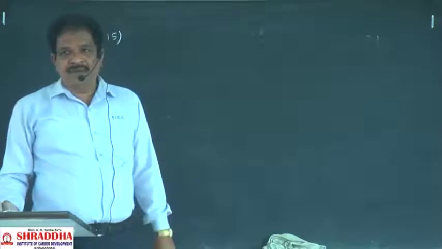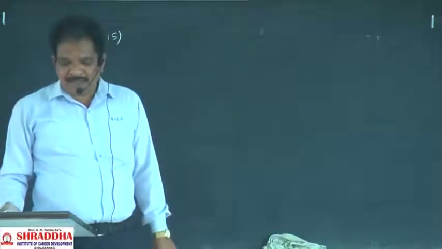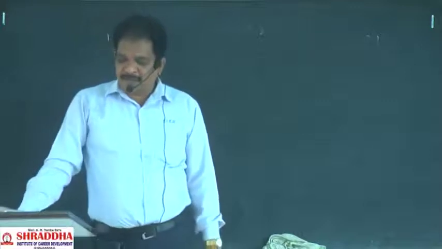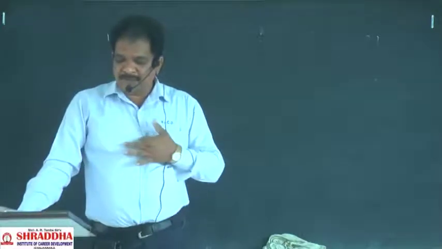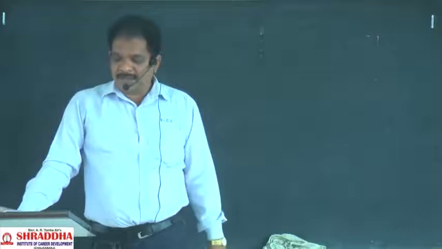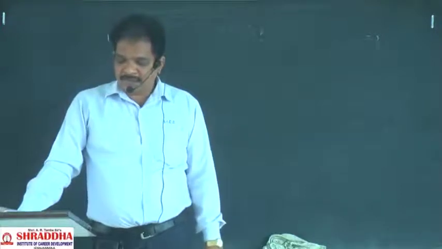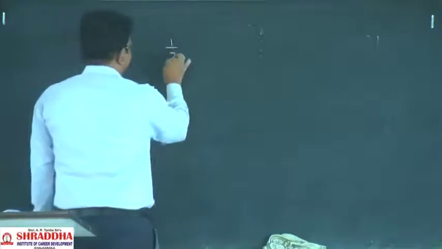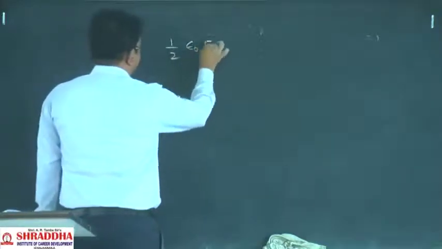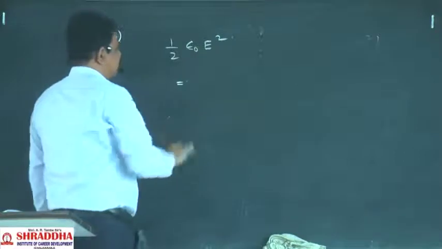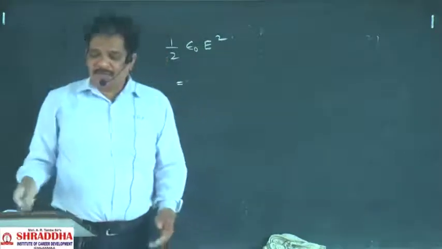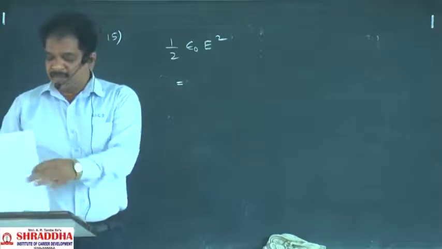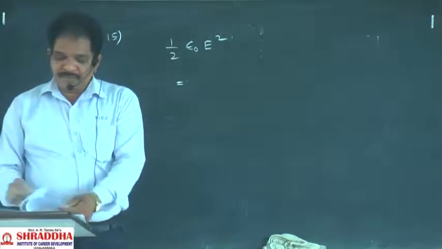Next, 15th. Dimensions of 1 by 2 epsilon naught E square, what is it? Epsilon naught is the permittivity of free space. E is the electric field. Already you know the dimensions, just substitute them to get the value.